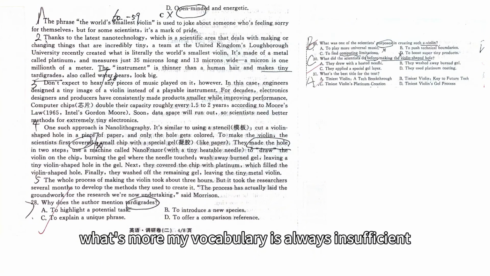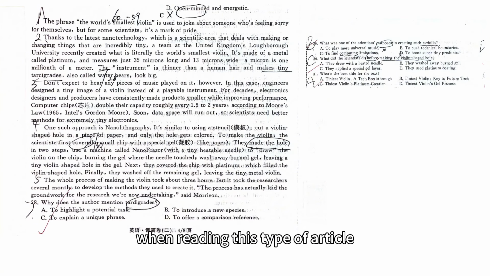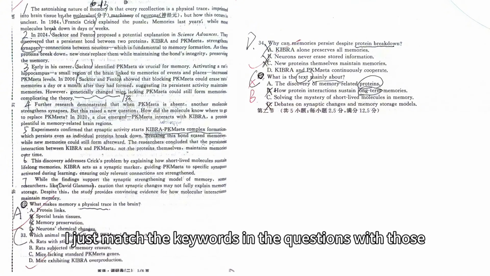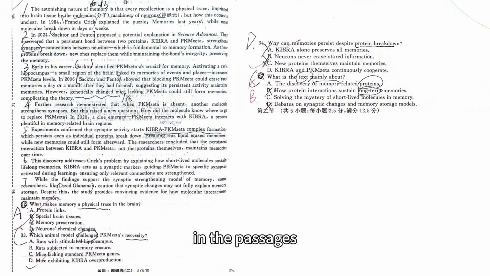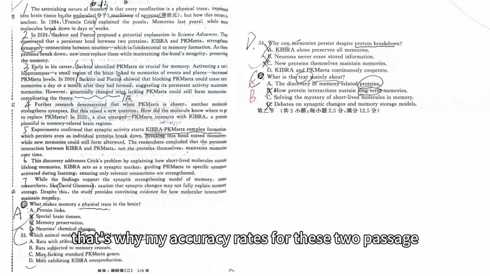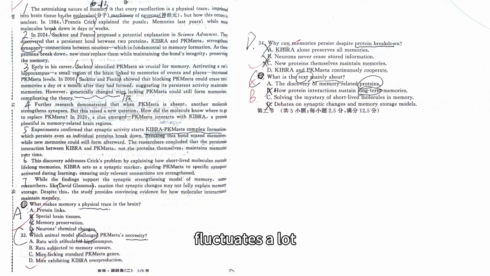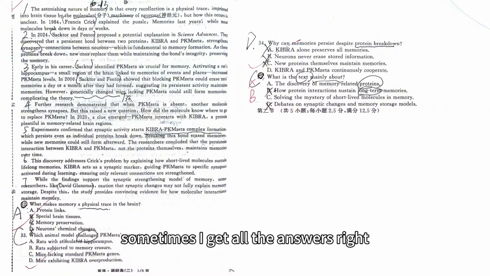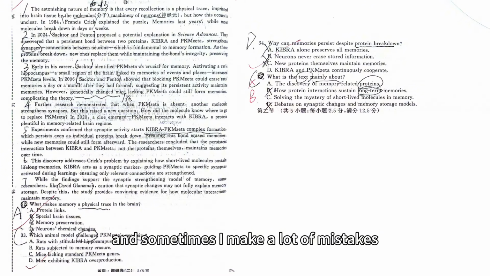What's more, my vocabulary is always insufficient when reading this type of article, so I just match the keywords in the questions with those in the passages and then pick an approximate answer. That's why my accuracy rates for these two passages fluctuate a lot. Sometimes I get all the answers right, and sometimes I make a lot of mistakes.